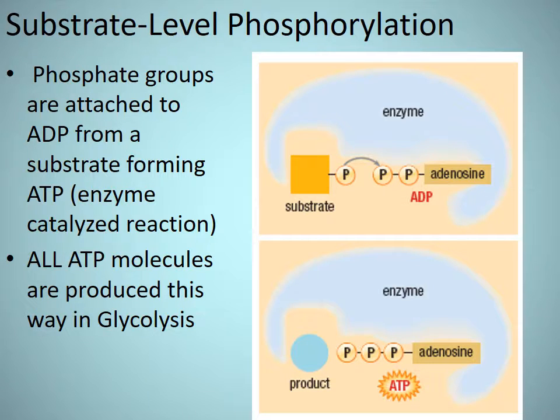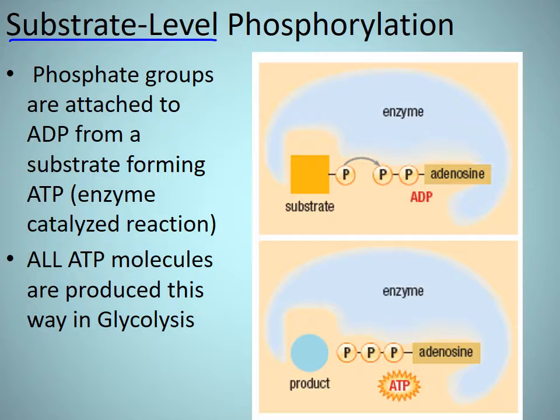The ATP that are produced as a result of glycolysis, again, are produced through enzyme substrate level phosphorylation. Okay? An enzyme will actually be producing the ATP as glycolysis occurs.